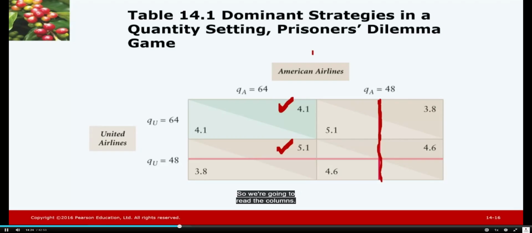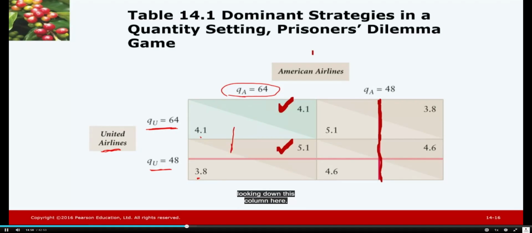So given, first of all, that American Airlines is going to produce an output of 64, what is United's best response? Is it to produce a high output, or a low output? We've got to compare the payoffs, and the profit to United Airlines is shown in the bottom left-hand corner of each quadrant. So given that American is going to produce a high output, we can ignore the second column.